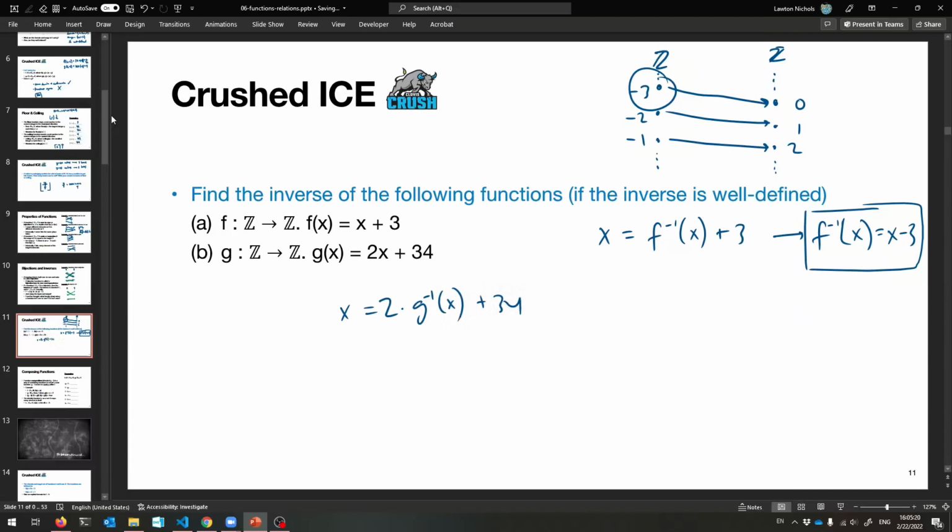Just swap them. Or this is like y and x. I just swapped x and y. That's how you usually find an inverse, right? But now instead of y, I'm saying the inverse like this. And you can solve for this. This totally works. You get x minus 34 is equal to 2 times g inverse of x. And so it's x minus 34 over 2. That is the inverse.